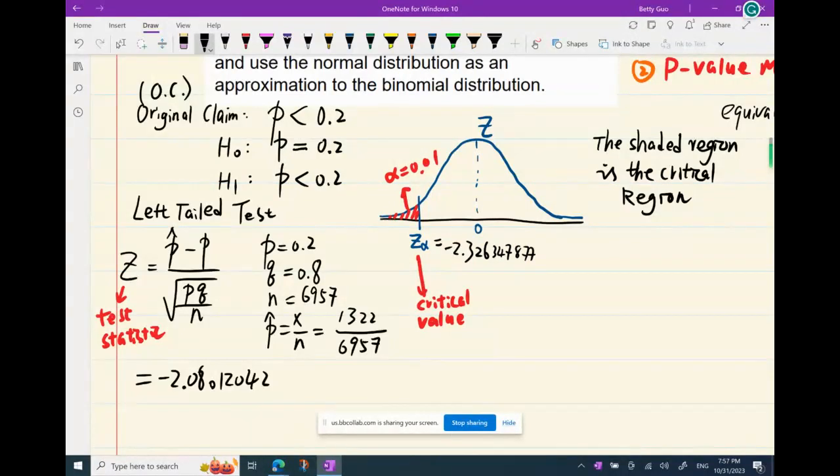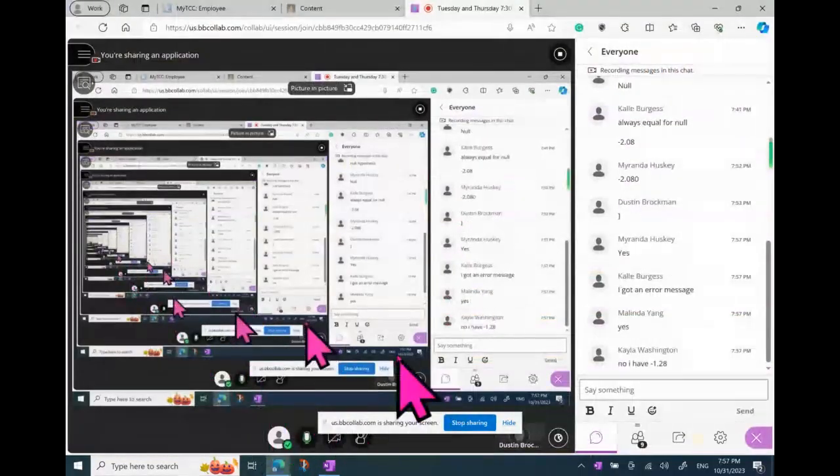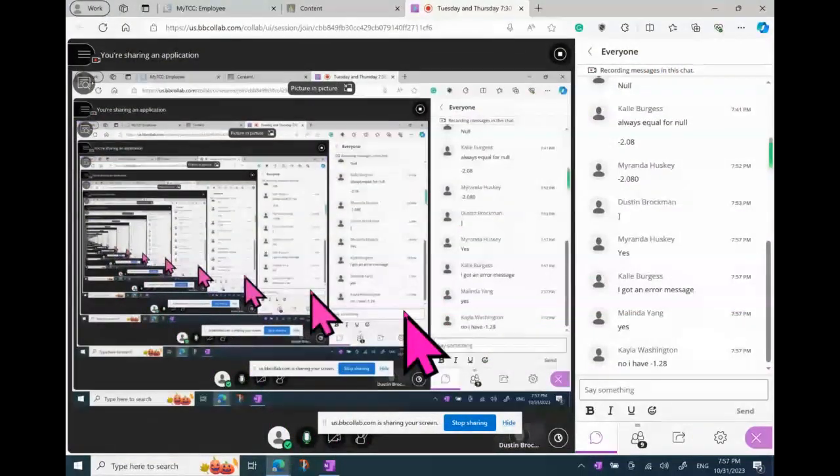Do you have the same thing, everybody? The critical value? Remember, how do we interpret this score? You got an error message. When that happens, we should try again.